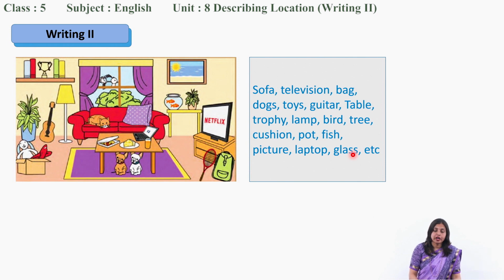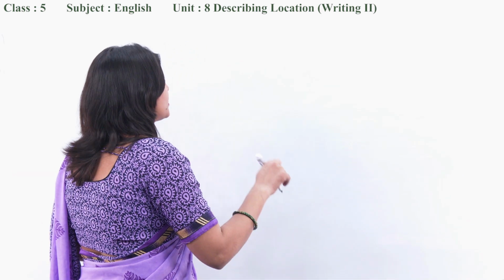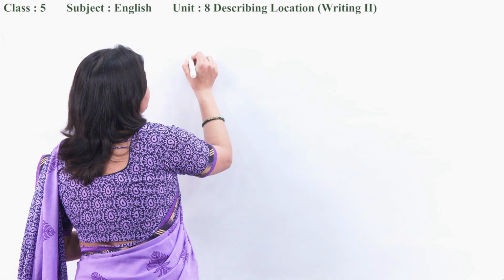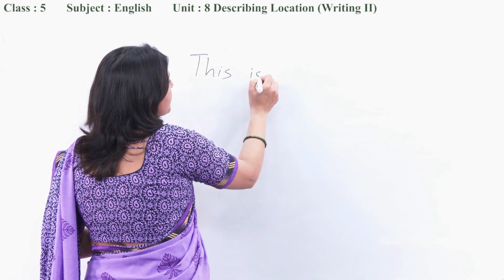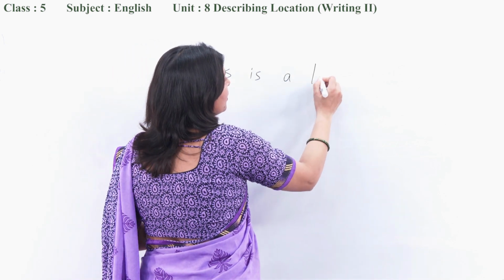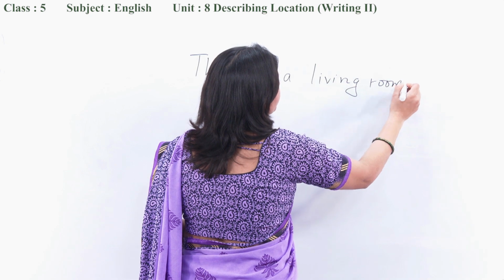All right, now what you have to do is you have to write a paragraph starting like this. So you have to begin with, this is a living room, there are two dogs under the table. So how will you start? This is a living room.